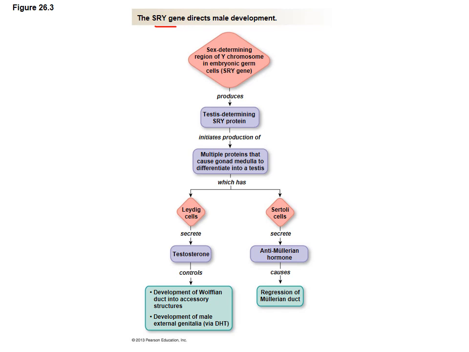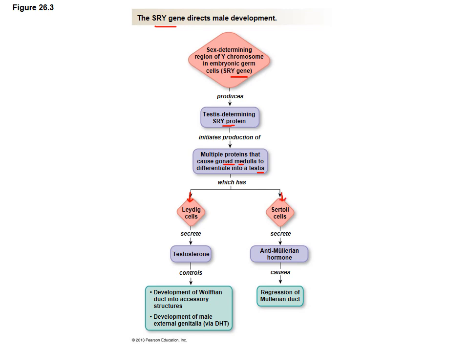But with the presence of the sex-determining region of the Y chromosome, or the SRY gene, this leads to the production of the SRY protein, and this leads to the development of the gonad, specifically the medulla of the gonad, into the testes. The testes then have two cell types, the Leydig cells and the Sertoli cells.